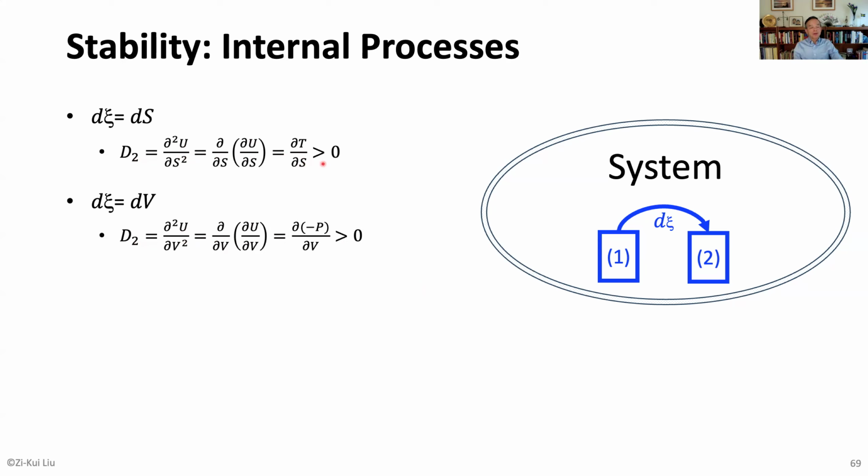Now, if we move volume, same thing, we get the U to V derivative, which, remember, is minus P. So the derivative of minus P with respect to V is positive. That means if V increases, and you want to make it positive, then P must decrease, because minus P should be a positive change.